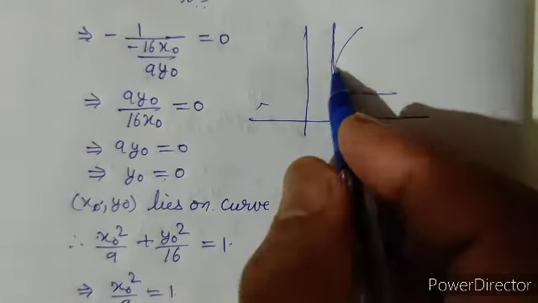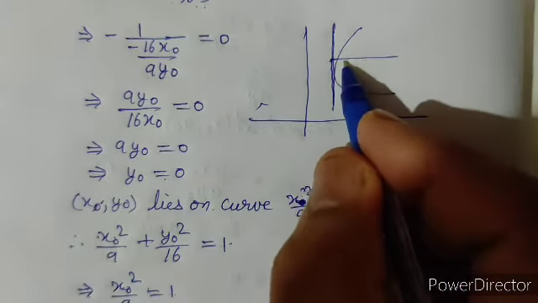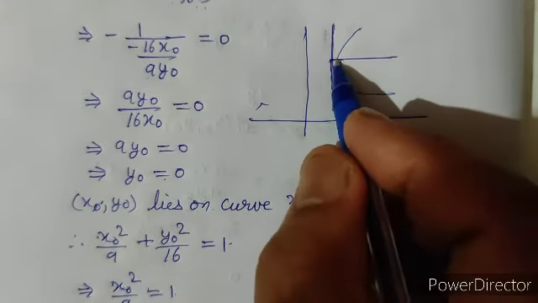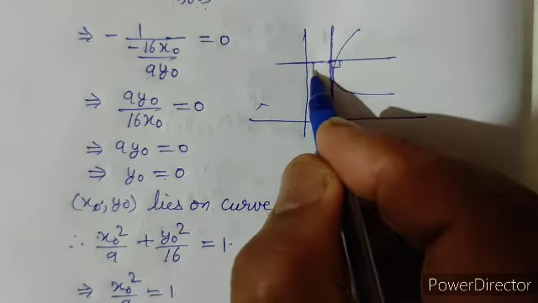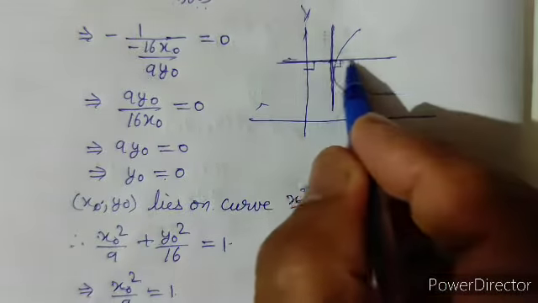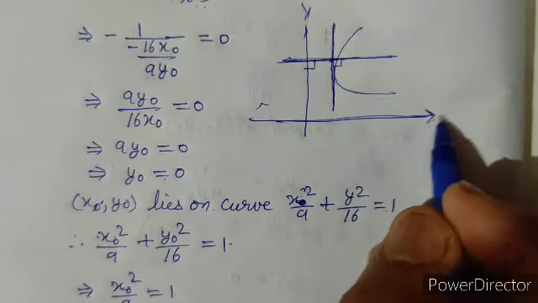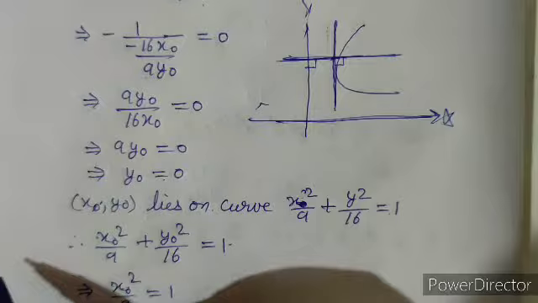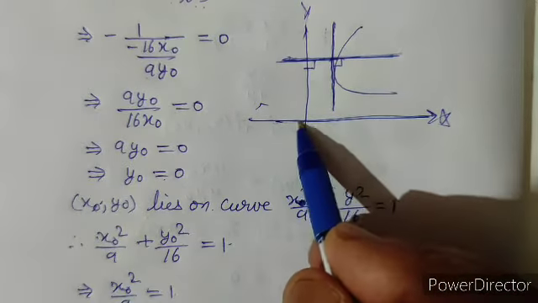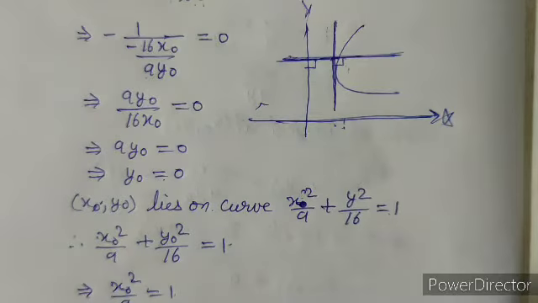Now if tangent is parallel to the y-axis, that means the normal to the tangent, or a line perpendicular to the tangent, will be perpendicular to the y-axis, and the line perpendicular to the y-axis will be parallel to the x-axis, and that means the slope of the normal to the tangent will be equal to 0 as it is parallel to the x-axis.